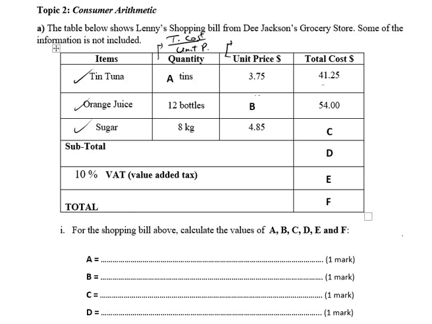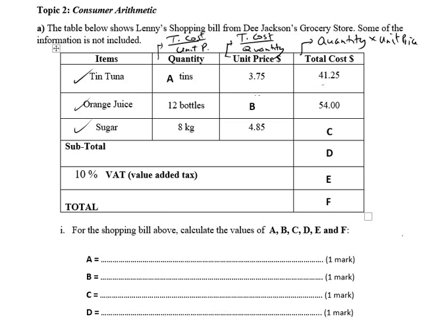To find the unit price, you're going to divide the total cost as well by quantity. To find the total cost, you're going to multiply quantity by unit price. So unit price will be total cost divided by quantity. Quantity will be total cost divided by unit price. And total cost will be quantity times unit price.